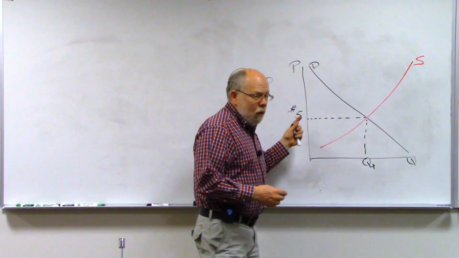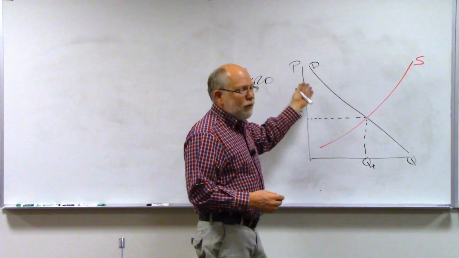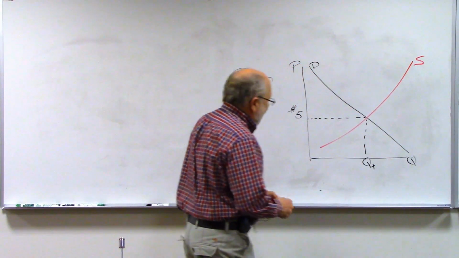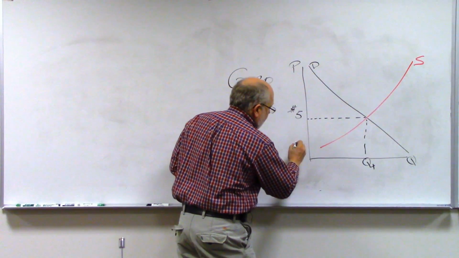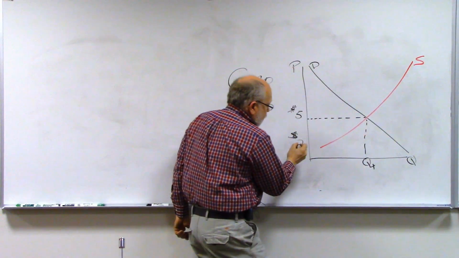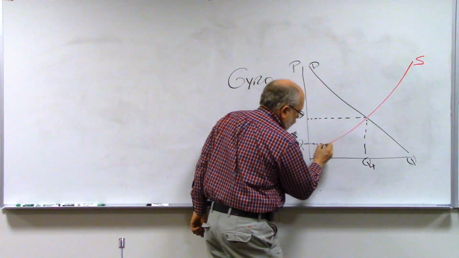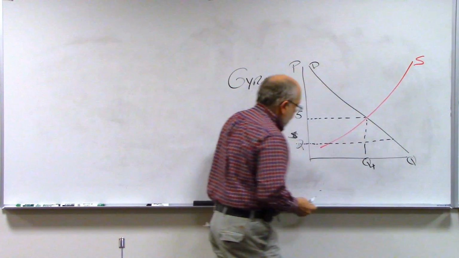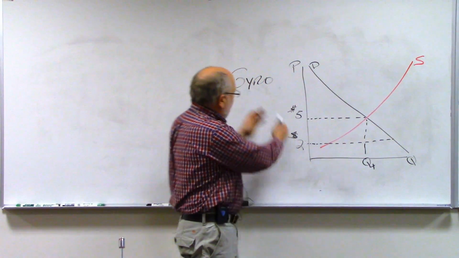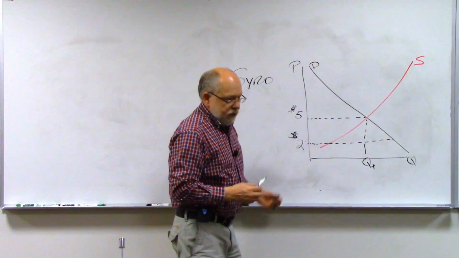Now, we know where the market equilibrium price is because we drew the graph, but he doesn't know where it is. So let's say that $2 is down here, and at a $2 price, according to our graph, how many of these gyro sandwiches is he going to sell?